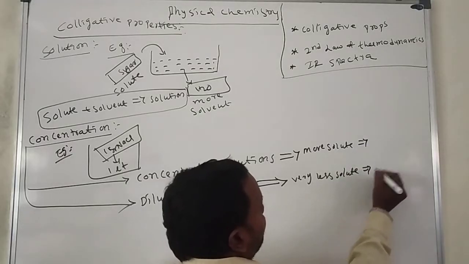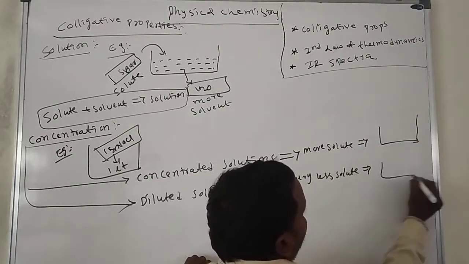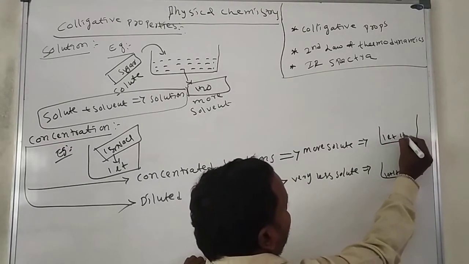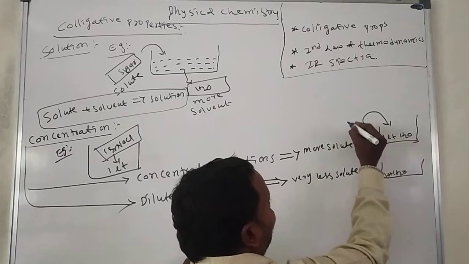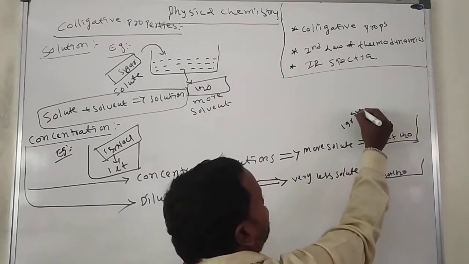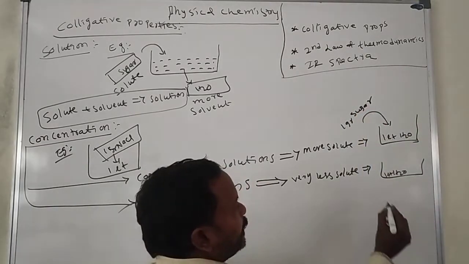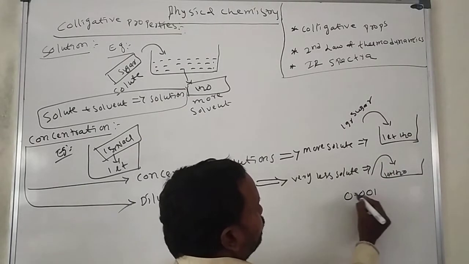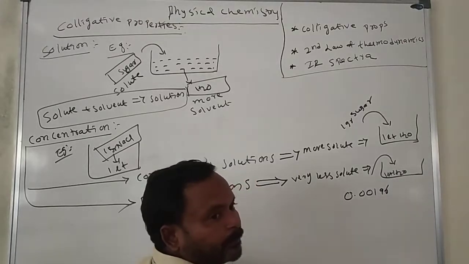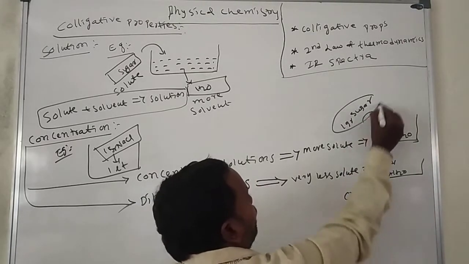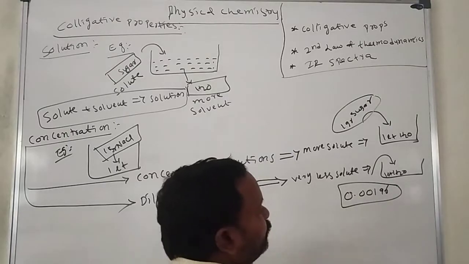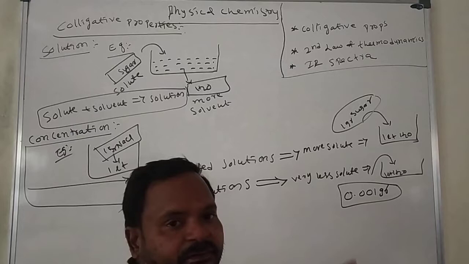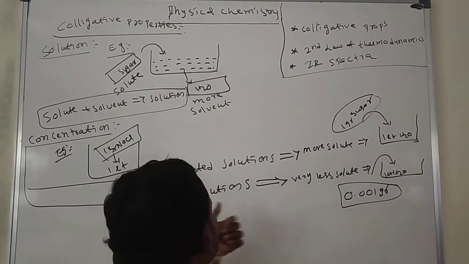Here I am taking two experiments. Here I am taking 1 liter water, and here also 1 liter water. Here 1 gram of sugar or sodium chloride, and here add 0.001 gram of sugar. Compared to 1 gram, this 0.001 gram is very little.